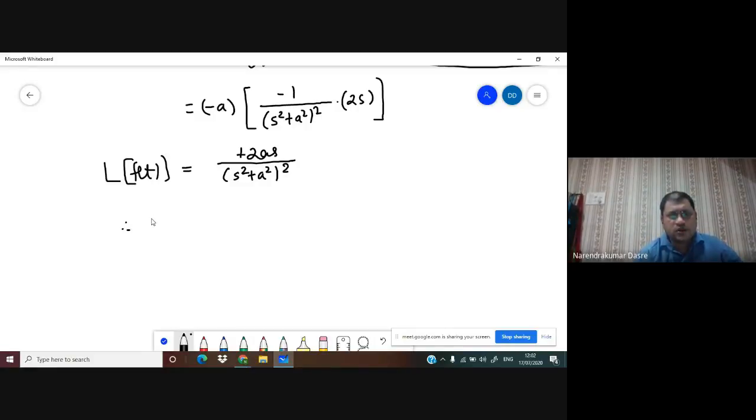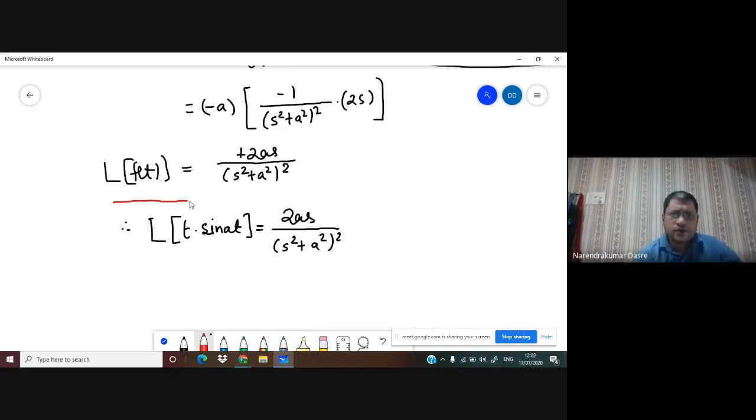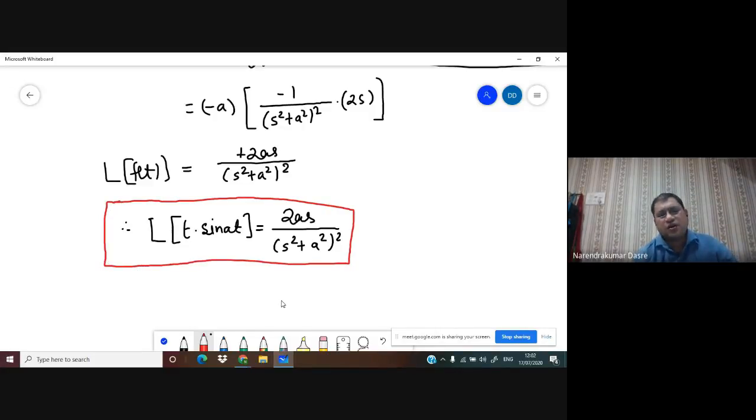So this is the Laplace transform of t into sine of at is equal to 2as upon (s square plus a square) bracket square. So that's how we are able to get the Laplace transform of t into sine of at.